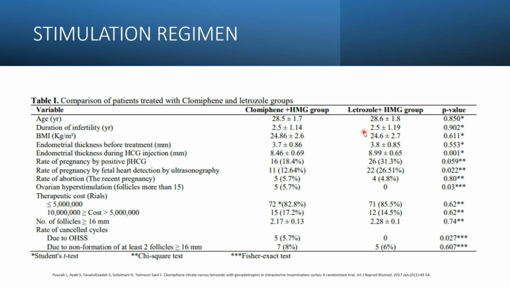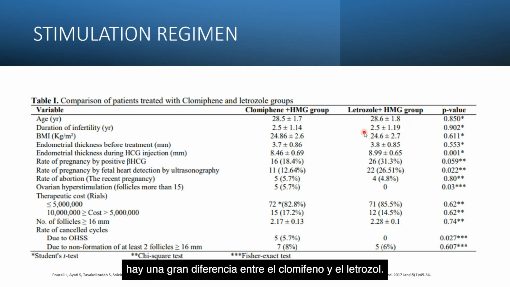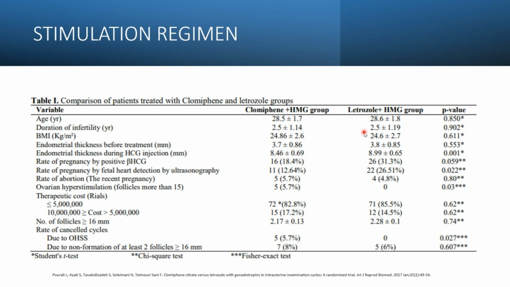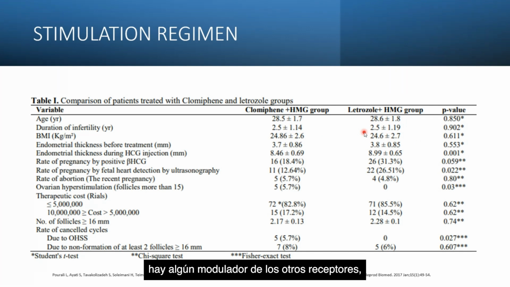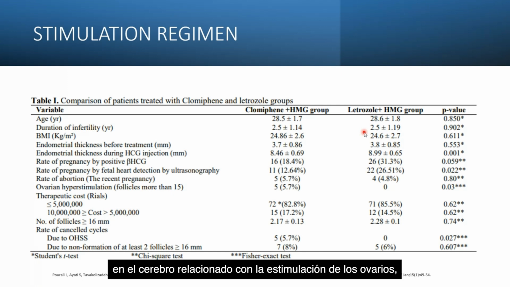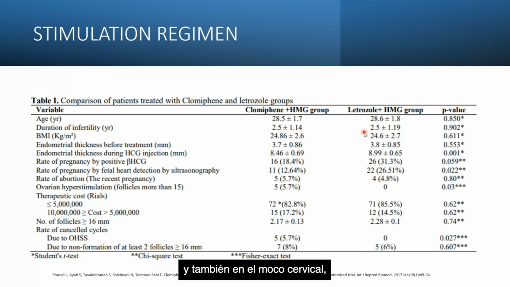But there's a huge difference between clomiphene and letrozole. You know that clomiphene is a modulator of the estradiol receptors, and it has a positive effect in the brain related to the stimulation of the ovaries, but it has a negative effect in the endometrium and also in the cervical mucus, which means that patients on clomiphene might have a lower endometrial thickness compared with letrozole.